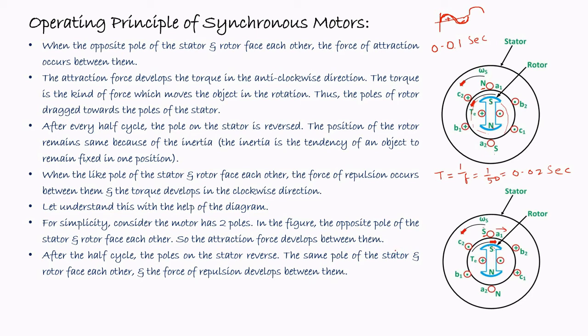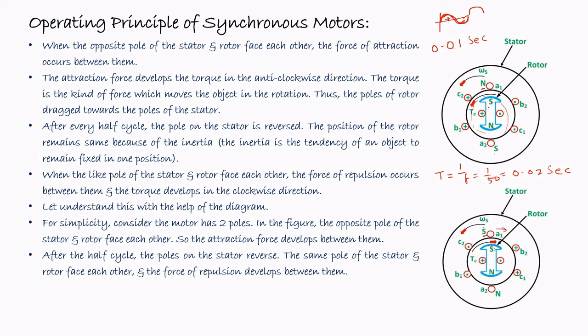So due to this very small time duration, the rotor cannot rotate in any direction. Initially, when it is the north pole and it is the south pole, the rotor will try to rotate in this direction because of the attraction.